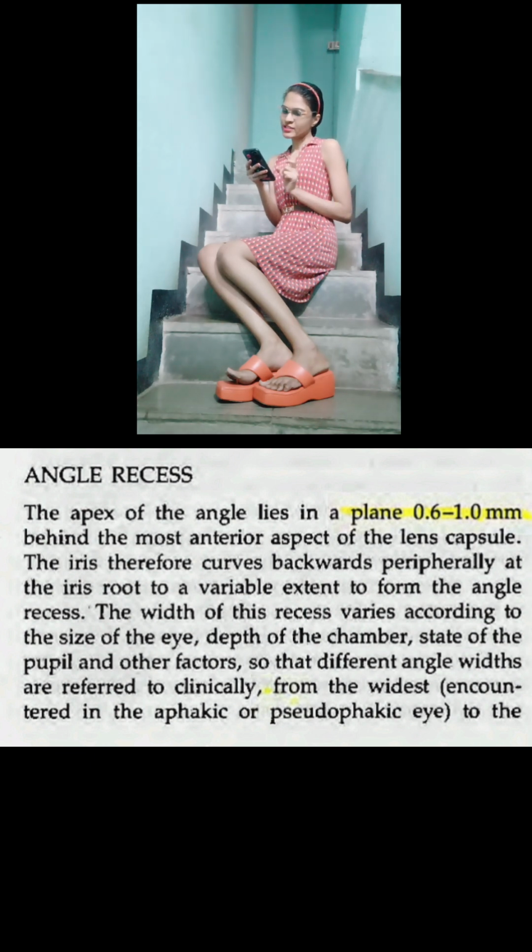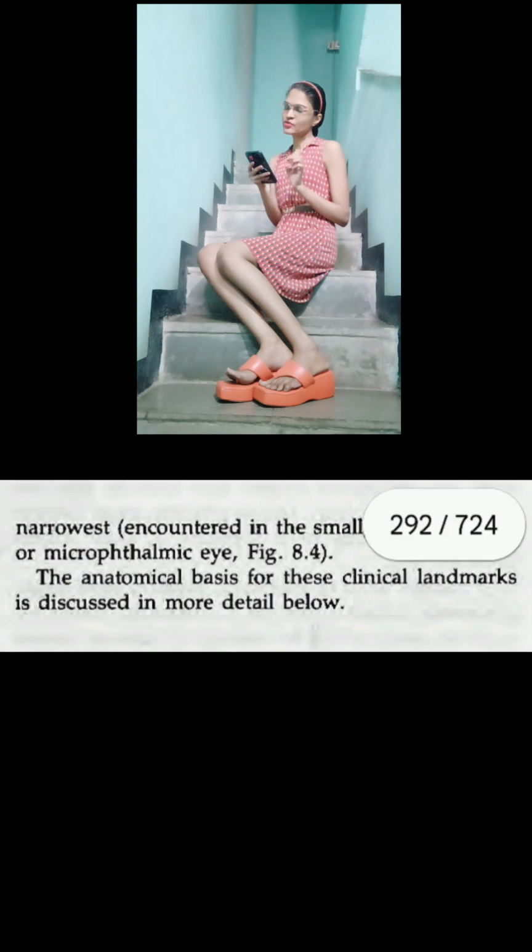The width of this recess varies according to the size of the eye, depth of the chamber, state of the pupil, and other factors, so that different angle widths are referred to clinically, from the widest encountered in the aphakic and pseudophakic eye to the narrowest encountered in the small hypermetropic or microphthalmic eye. The anatomical basis for these clinical landmarks is discussed in more detail below.